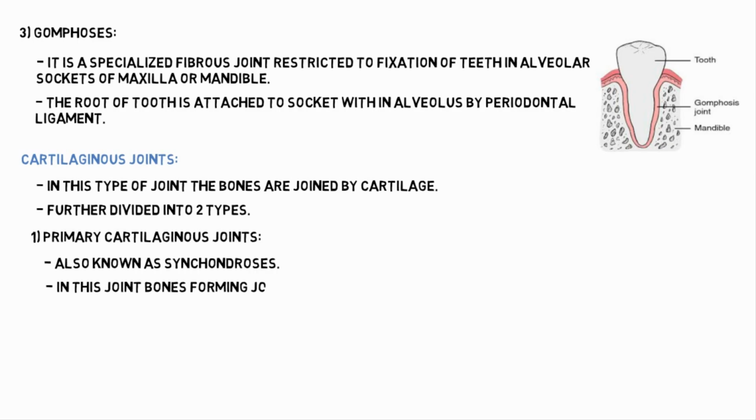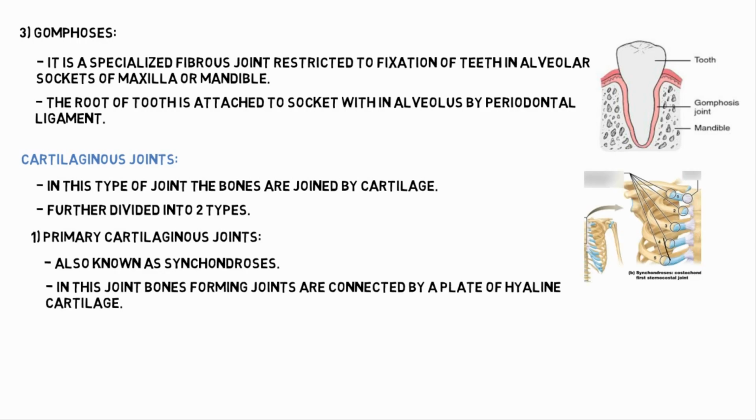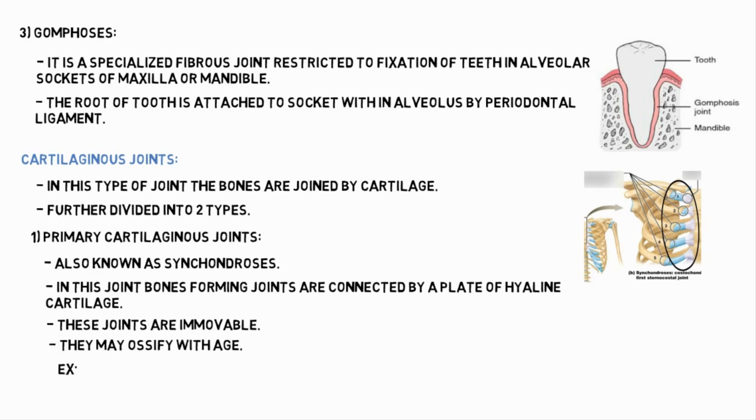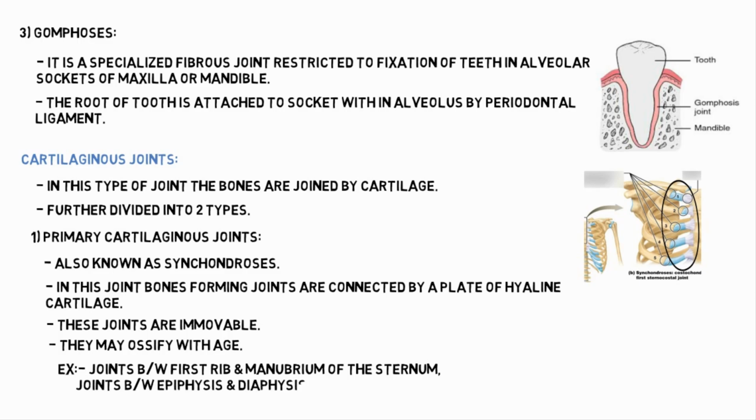In this joint, the bones forming the joint are connected by a plate of hyaline cartilage. These joints are immovable. They may ossify with age. Examples are the joint between the first rib and manubrium of the sternum, and the joint between the epiphysis and diaphysis of growing long bones.